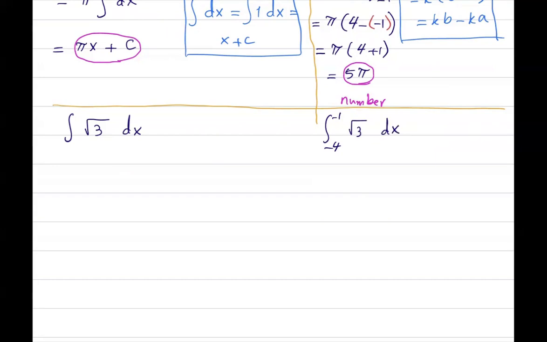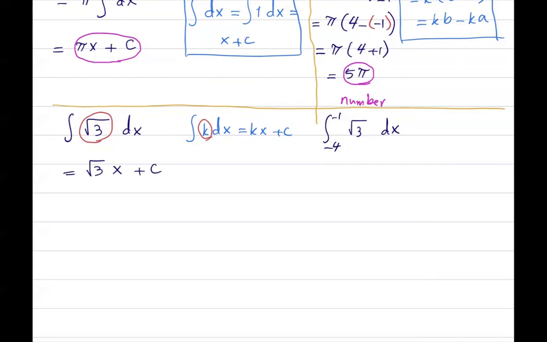In calculating the integral of square root of 3, we're basically calculating k dx, which is kx plus c. Your k is square root of 3, it's just a coefficient. So this integral becomes square root of 3 times x plus c.